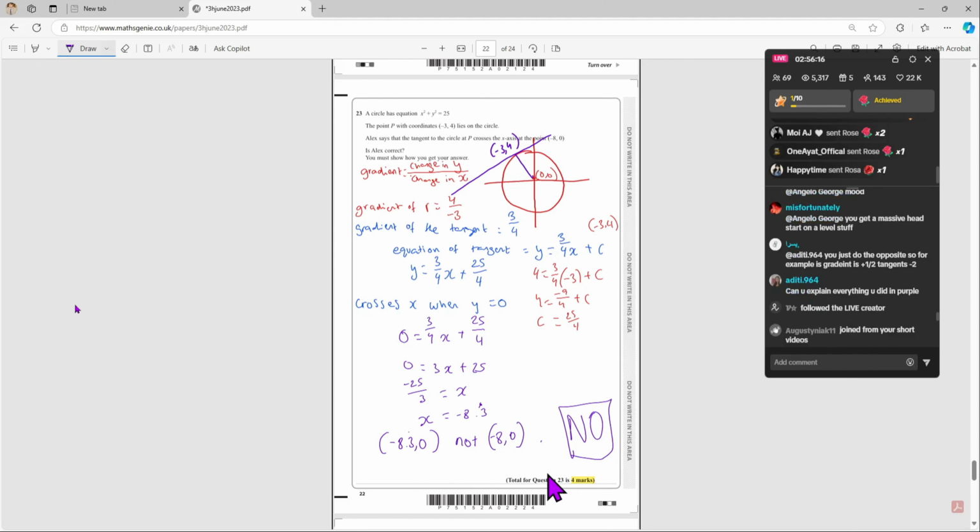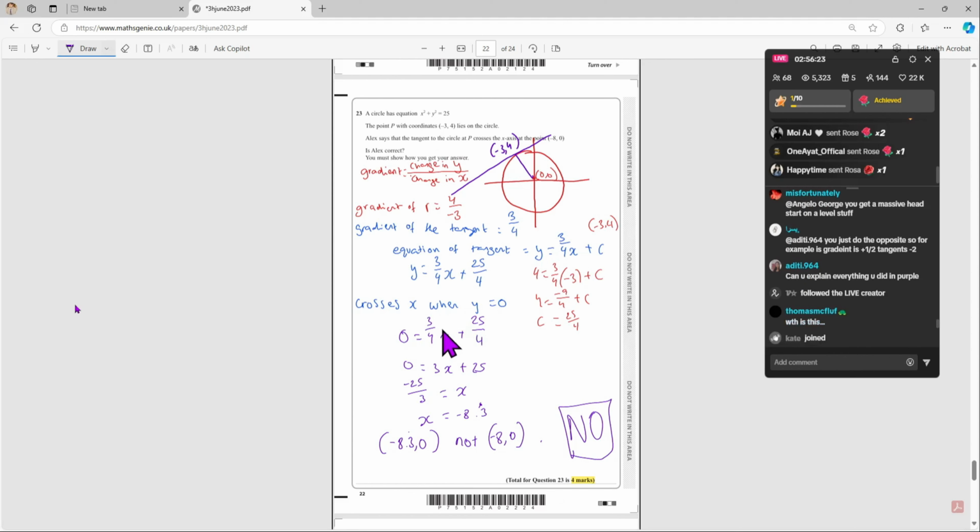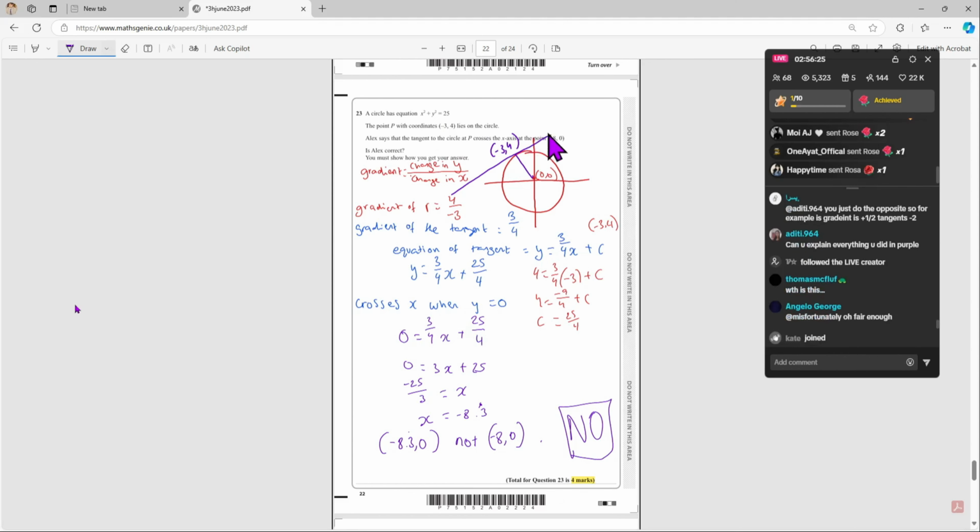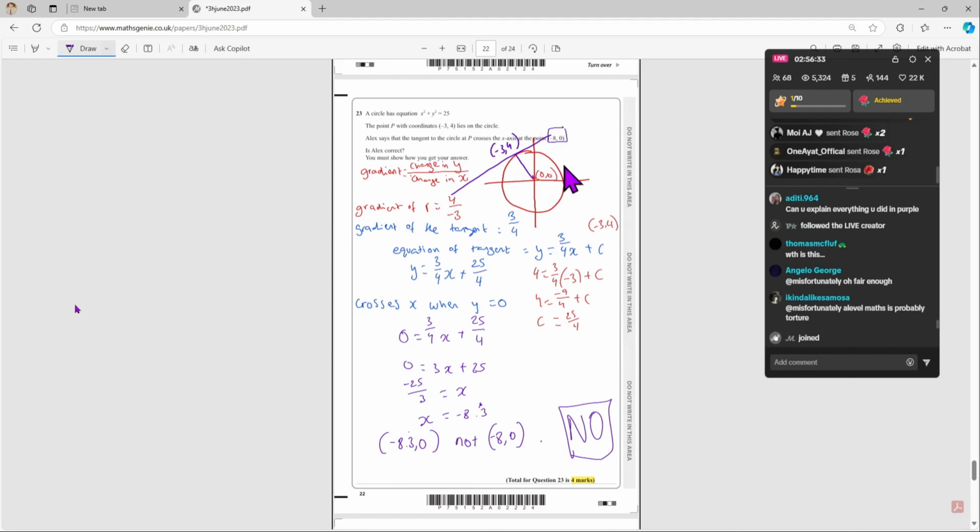I can explain everything I did in purple. So what I did is that we got our equation right. We have to prove if he is correct, if it is minus 8, 0. So we got our x, we got our y value. We have to see if x is minus 8.